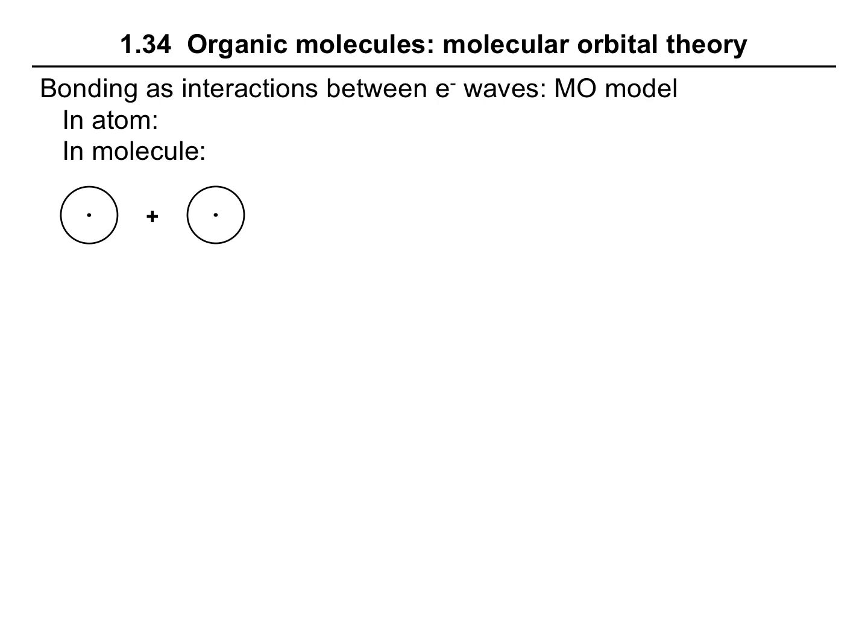Our second approach is the molecular orbital model. So in an atom, electrons are in atomic orbitals, but in molecules, electrons are in molecular orbitals.